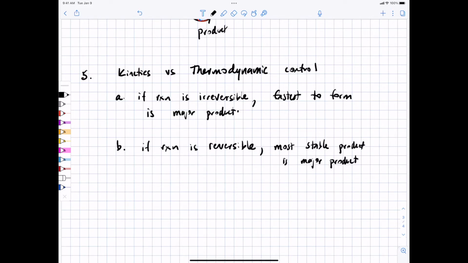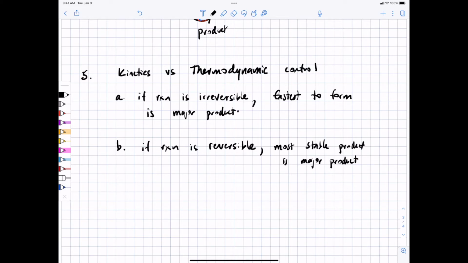Are you doing the reaction under conditions that are irreversible or conditions that are reversible? This shows up most, I think, in enolate type chemistry that you'll teach undergraduates about if you're a TA. And you've probably heard of the kinetic versus the thermodynamic enolate. It's not like you're going to look at a situation and be like, oh, that's the kinetic product and that's the thermodynamic product.